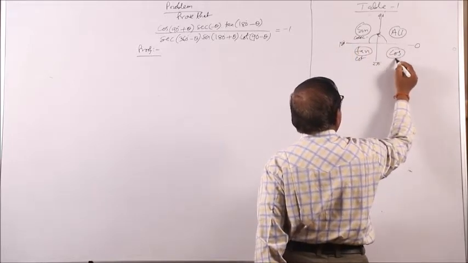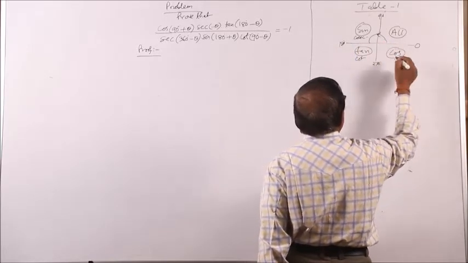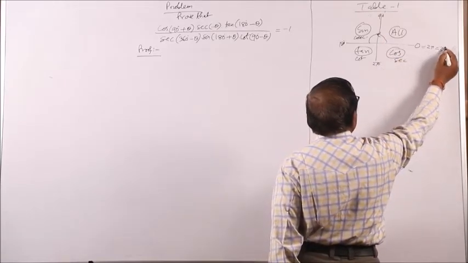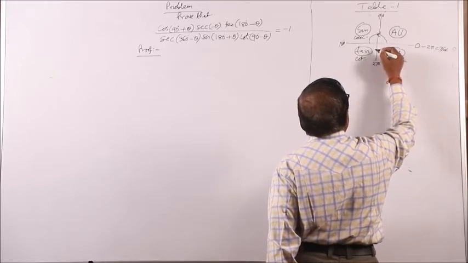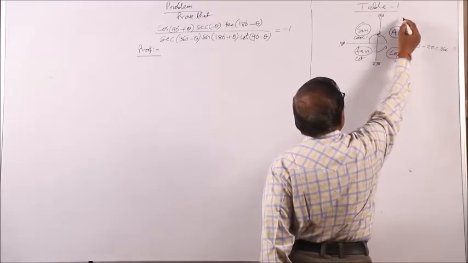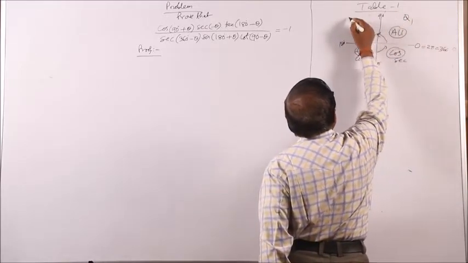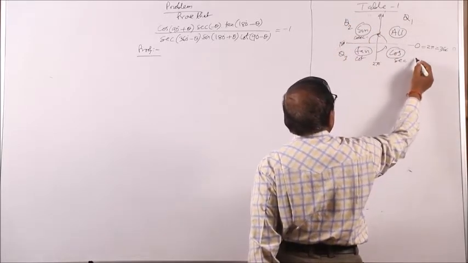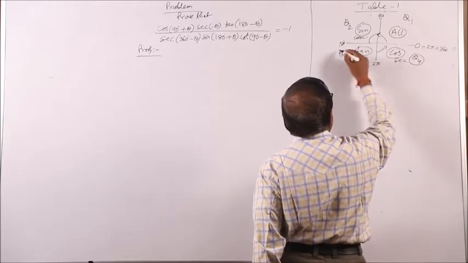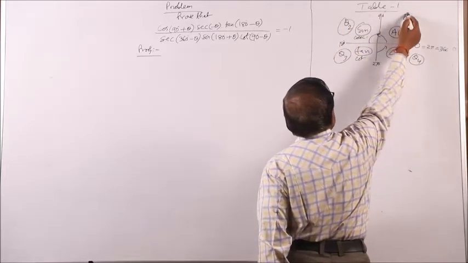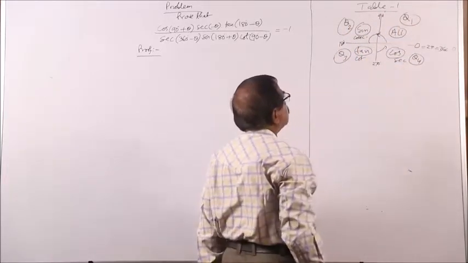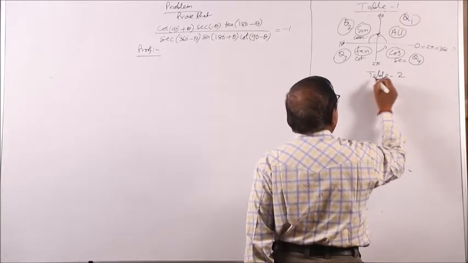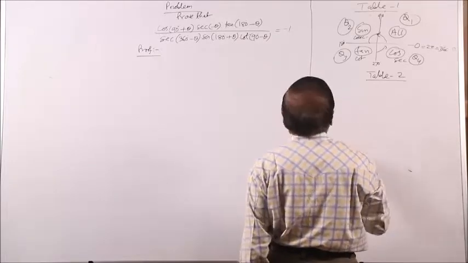Similarly, here cos is positive, and its reciprocal, sec, is positive; that is 270 to 2 pi, that is 360. This is the fourth quadrant; this is Q1, this is Q2, this is Q3 and this is Q4. Q1 is from 0 to 90, all positive. This is table 1 and table 2. I am also writing this because you have to solve these values.